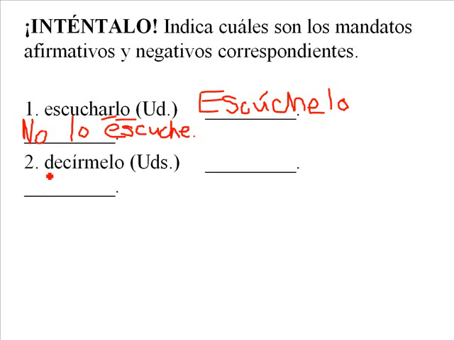Decírmelo. Decir is the verb. Melo are the added on pronouns. We want to use the ustedes form of the command. Decir. What is the yo form of decir in the present? Digo. But we're going to drop that o. It's an IR verb, so we're going to add digan and put the pronouns.